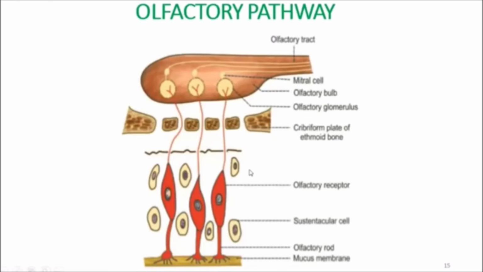Coming to the olfactory pathway. The dendrites are short and expanded, called the olfactory rod, which has cilia that project to the mucous membrane. What about the axons?